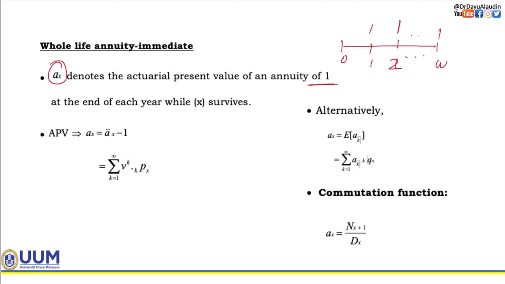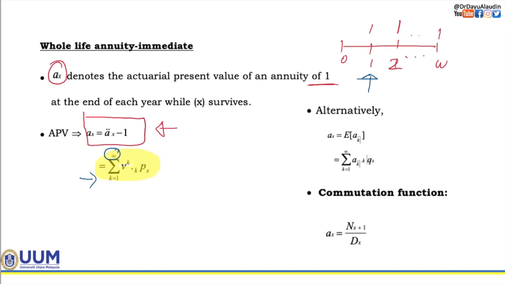The relationship between annuity immediate and annuity due is this equation. So the summation of v^k kpx. The difference is only the k: we start from k equal to 1 since the payment starts from 1, until infinity since it is whole life annuity.